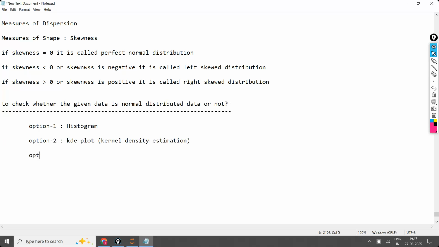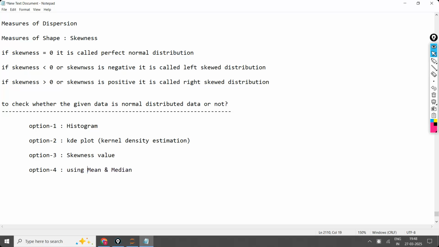After this, option 3, using the skewness value, based on the skewness value. Option 4, based on the mean and median values.